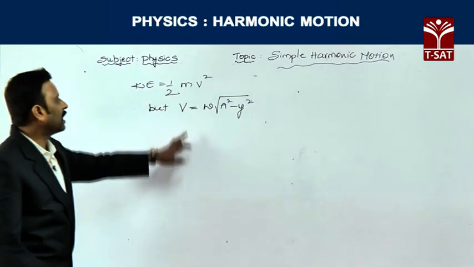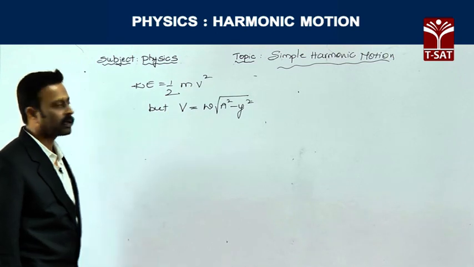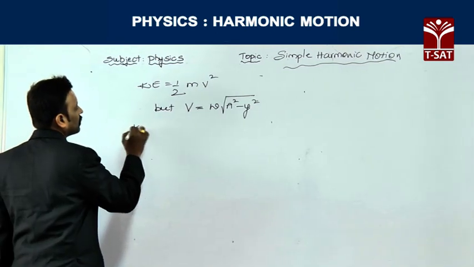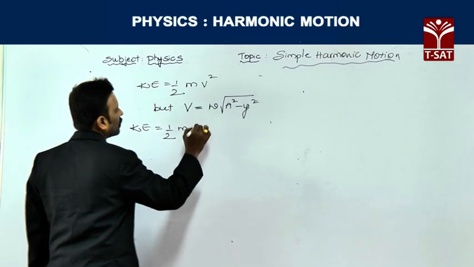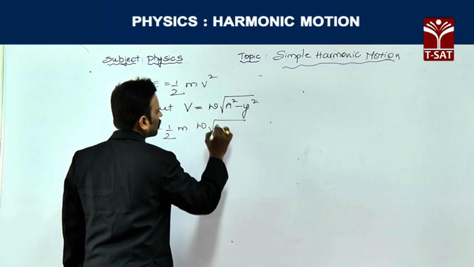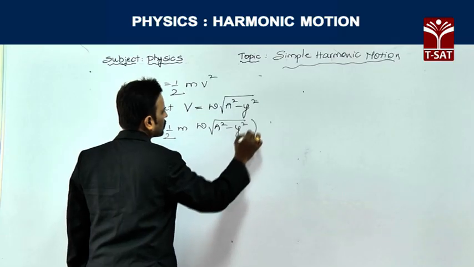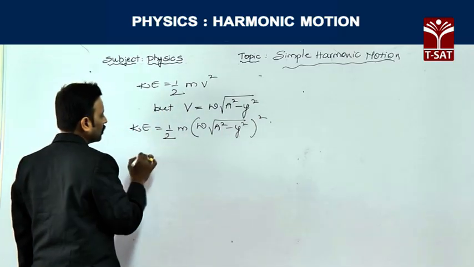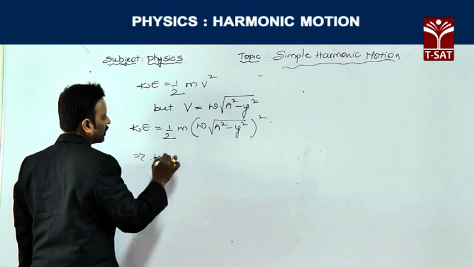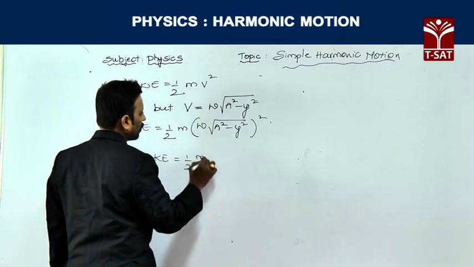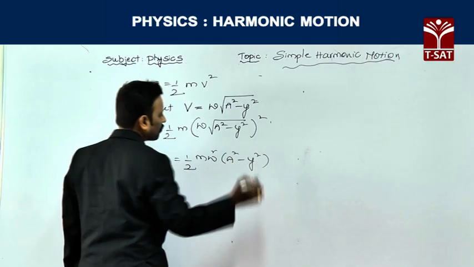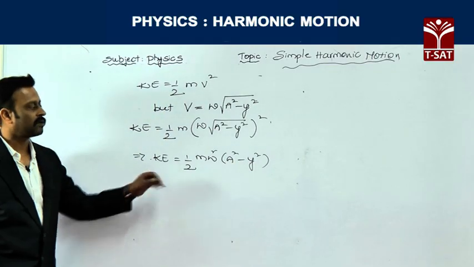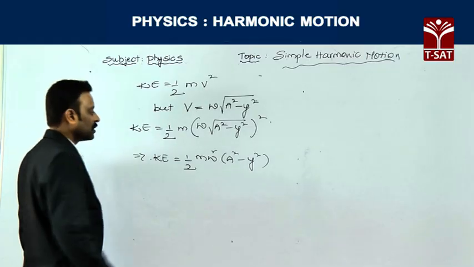Now, substitute v as omega root a square minus y square here. We get kinetic energy as half m omega under root a square minus y square whole square. So, formula for kinetic energy is half m omega square into a square minus y square. This is the formula for kinetic energy.